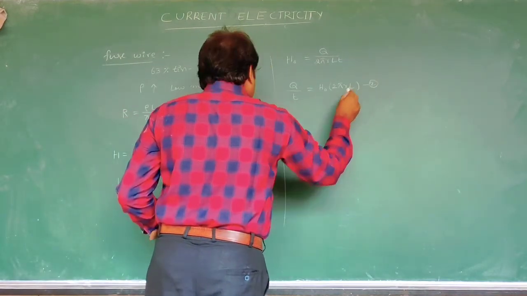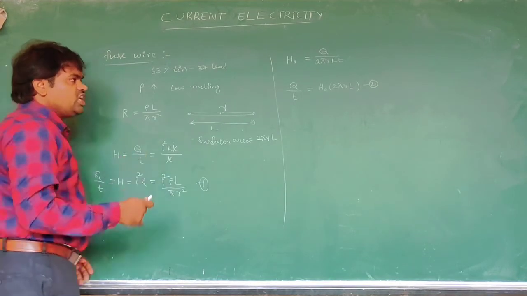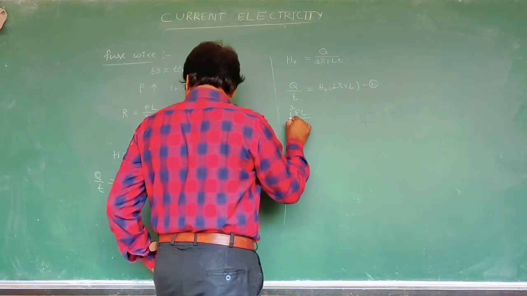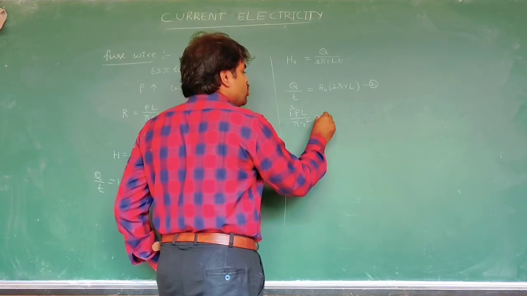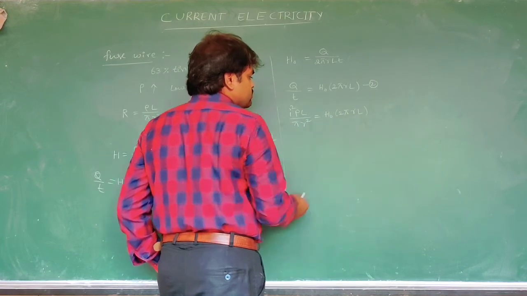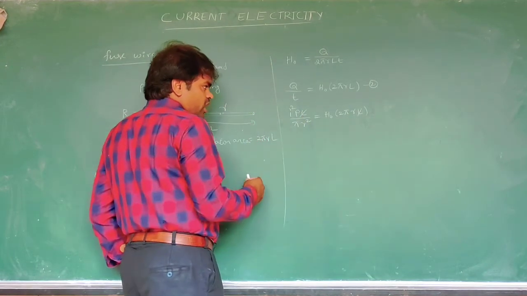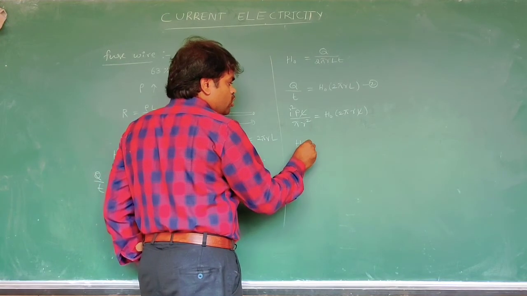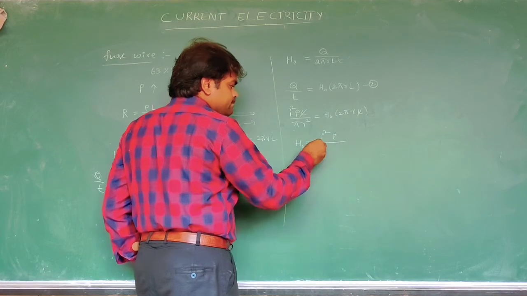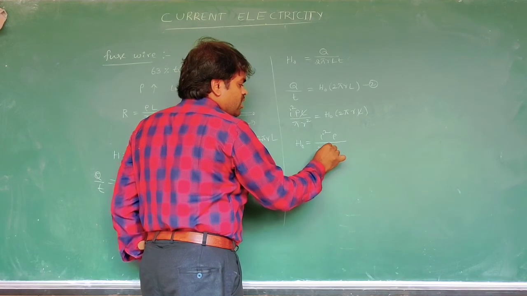From 1 and 2, this is also Q by T, so we equate both. That is I square rho L by pi r square is equal to H naught into 2 pi r L. Then L gets cancelled. What we have now is H naught is equal to I square rho by 2 pi square r cube.